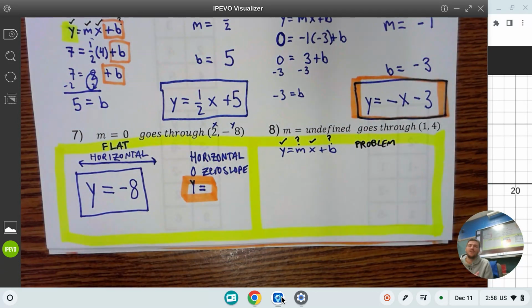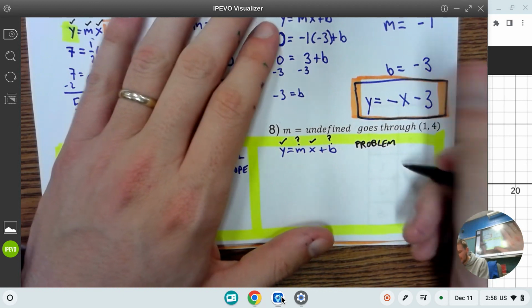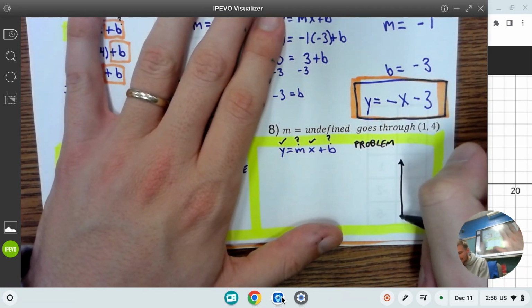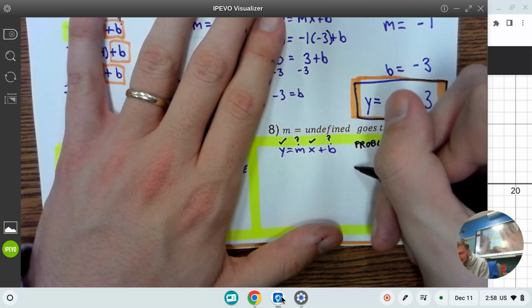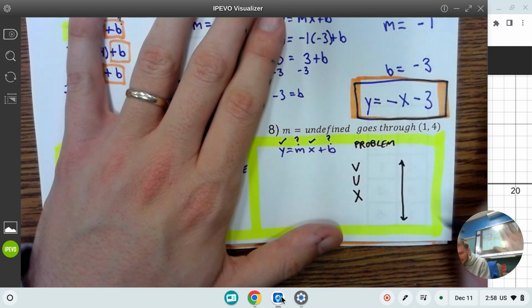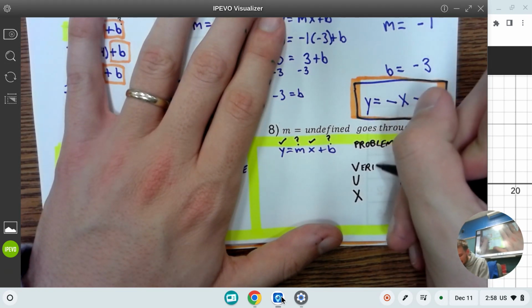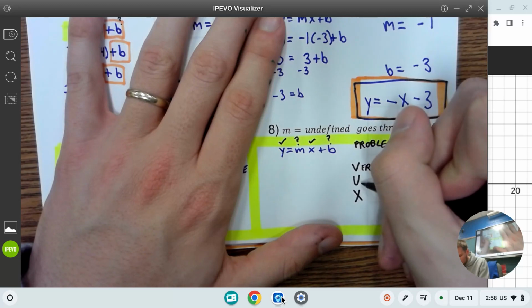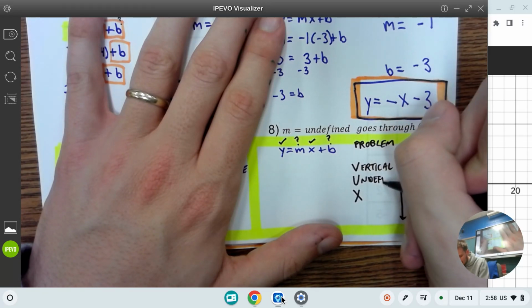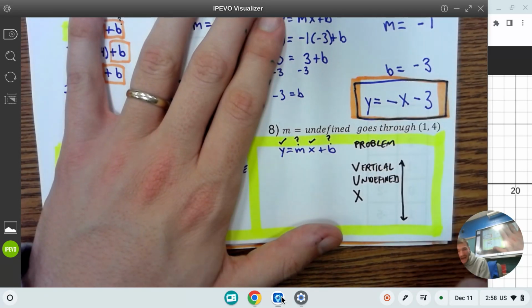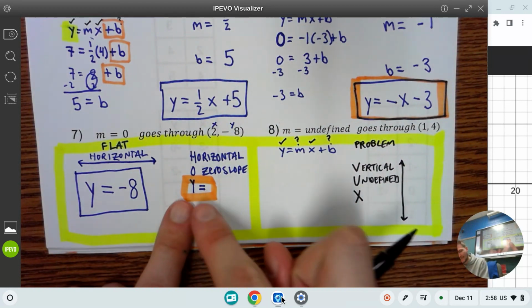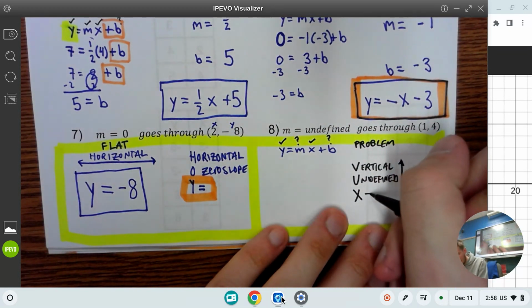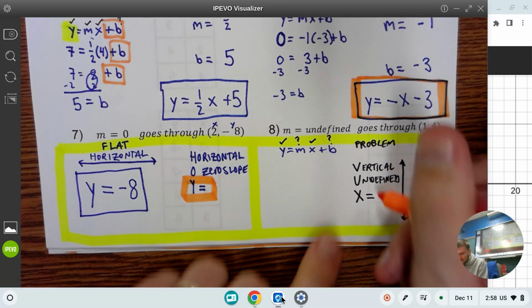Now, the good news is it's actually a really short question. An undefined graph is a vertical graph. We have that VUX to remind us. V is vertical, U is undefined, and the X at the bottom, just like the Y means y equals, the X means x equals.